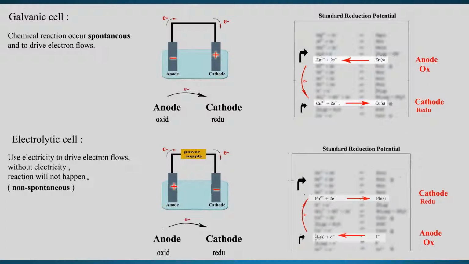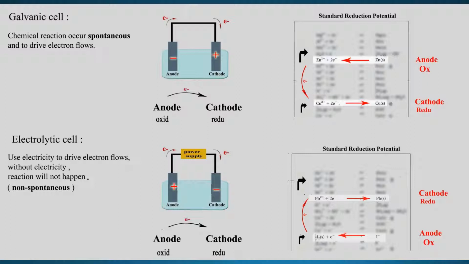In the standard reduction potential for an electrolytic cell, anode is still the reverse arrow, cathode still the same arrow, but the flow is different. Anode is flowing up to cathode, and this does not happen spontaneously.